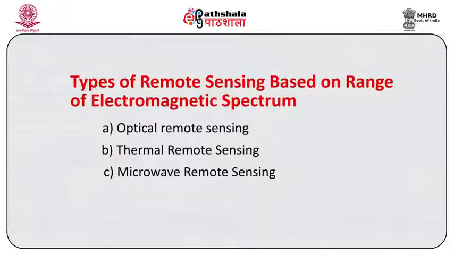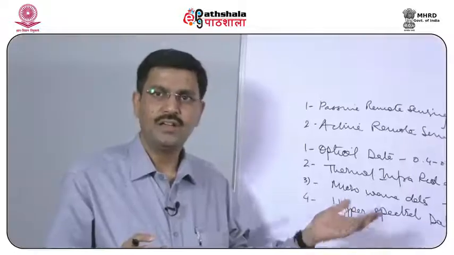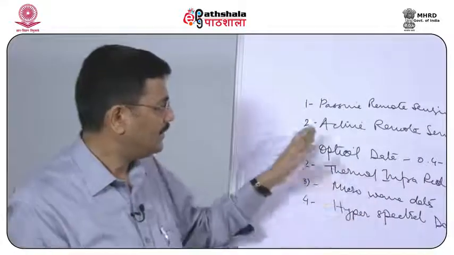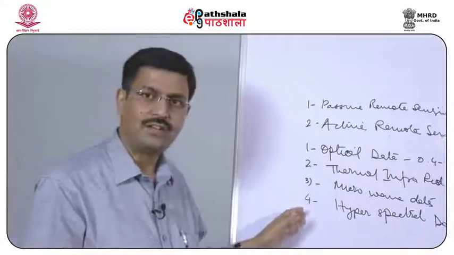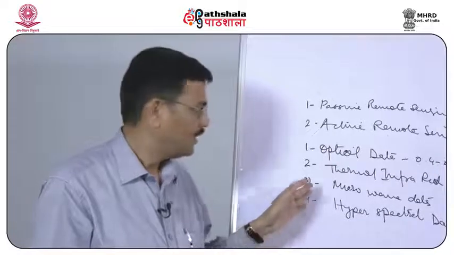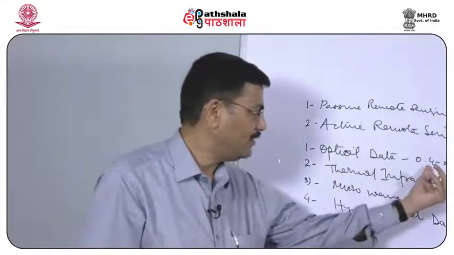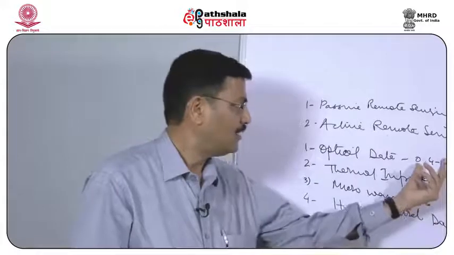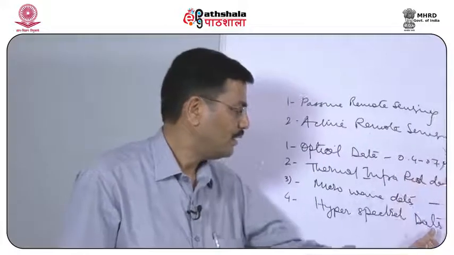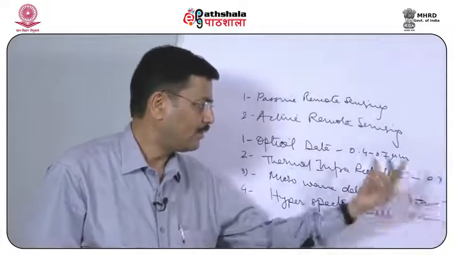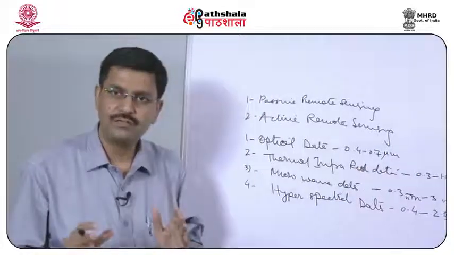I was trying to give you a glimpse of the satellite data used in geological studies, and these are the broad classification of the data sensed in different regions, say optical 0.4 to 0.7 micrometer, hyperspectral from 0.4 to 2.5.